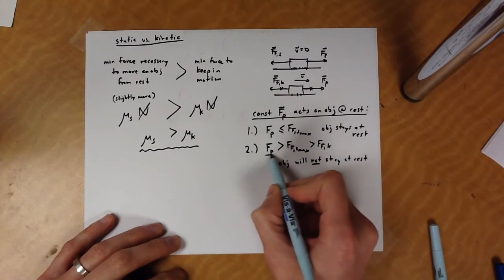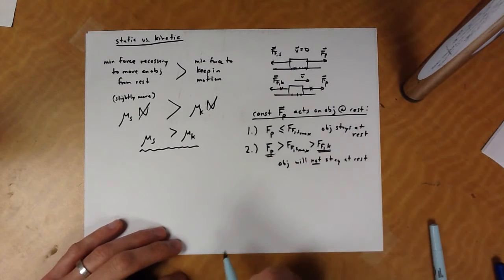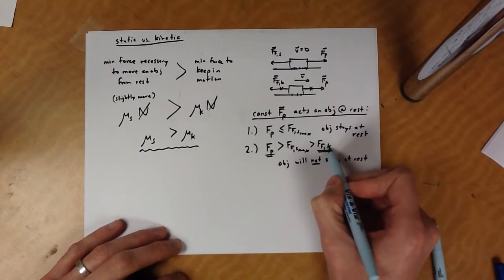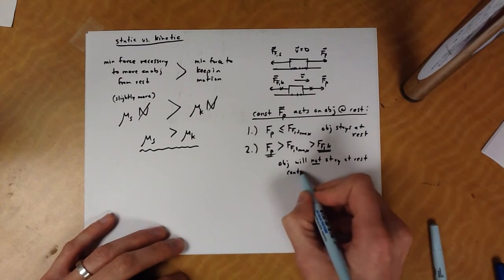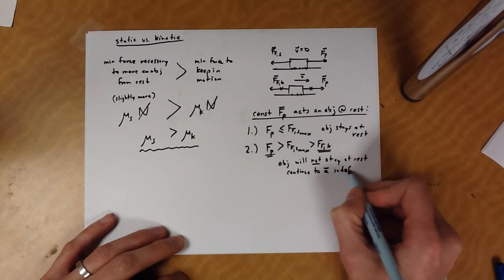So the pushing force will definitely be bigger than the kinetic frictional force. So the forward force is bigger than the backward force. So not only will you get it moving from rest, you will continue to accelerate it indefinitely.